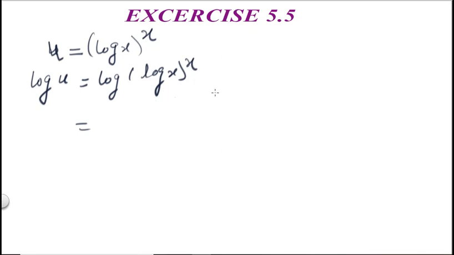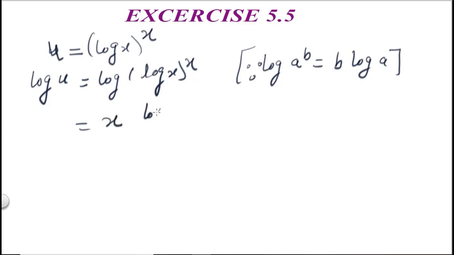Taking it, log of a to the power b is b log a. Right? We know this. So what will be the next step? The next step will be x will come in front. It will be written as x log of log x. So we'll take x as one function and log of log x as a second function.